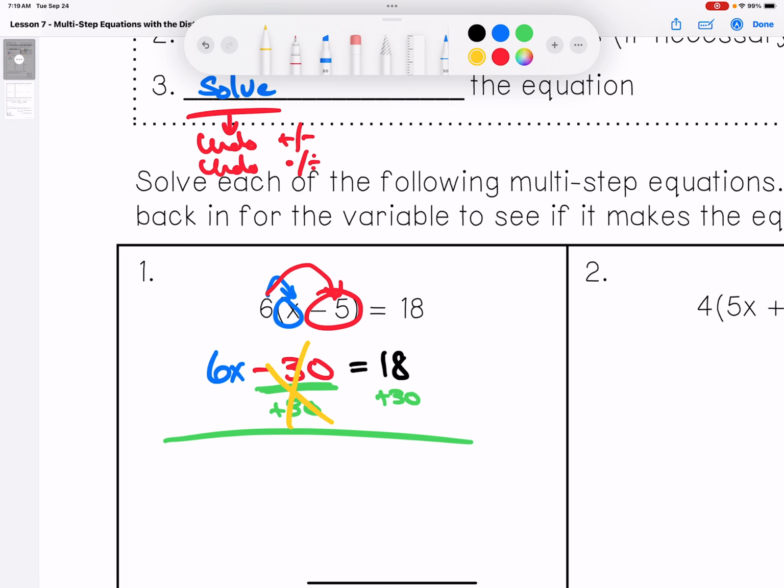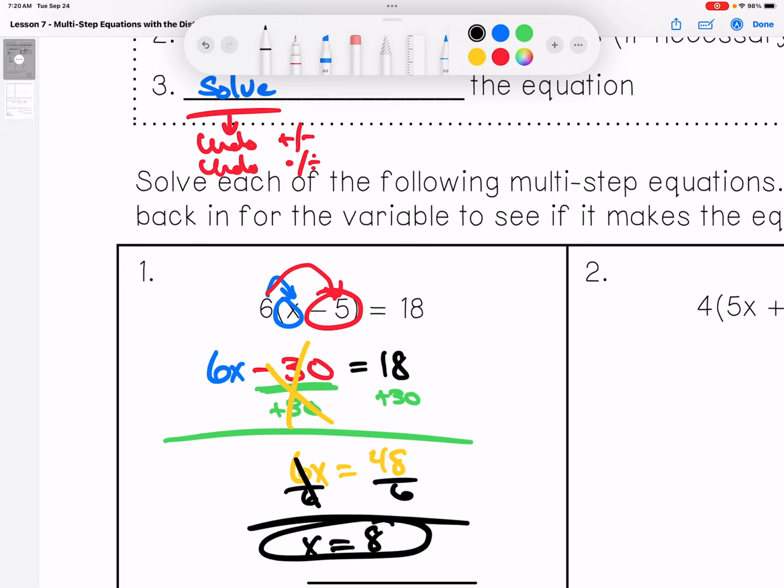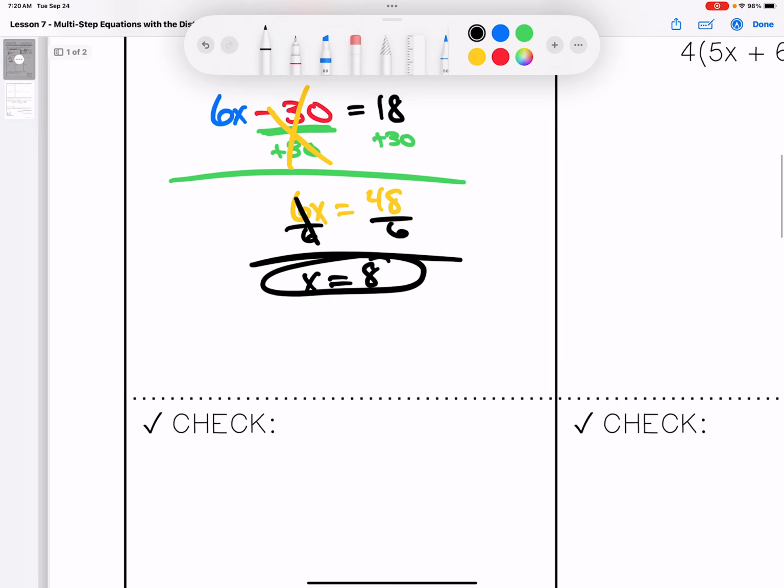Guess what happens to those? They disappear. 6x equals 48. And the last step is to divide by 6. And we get 6 times 8. X equals 8.